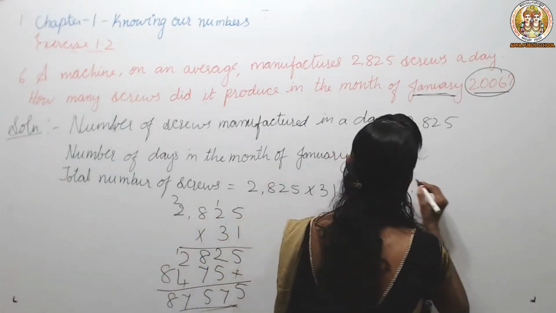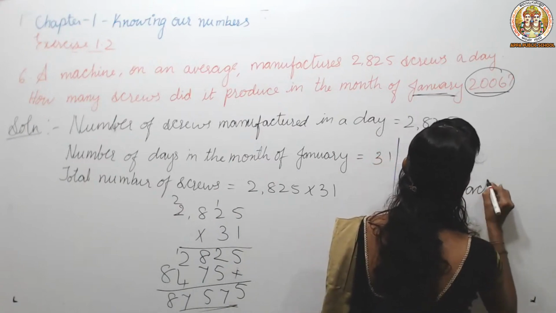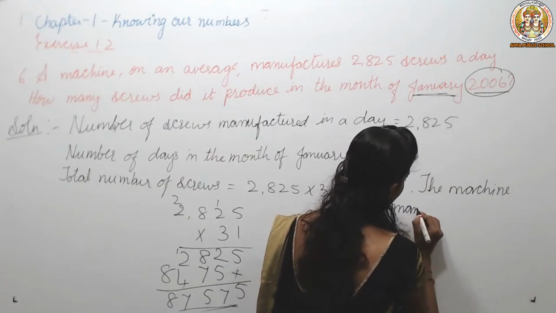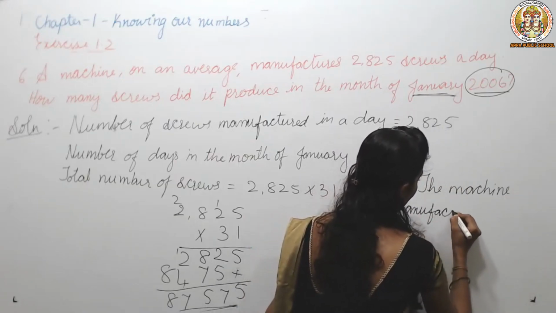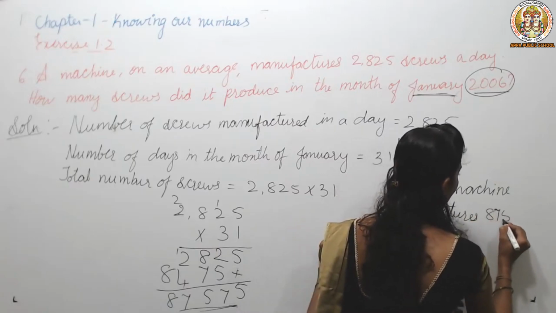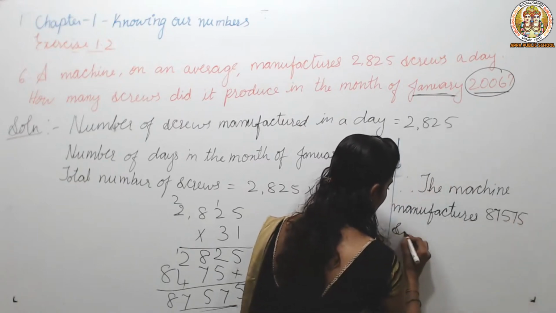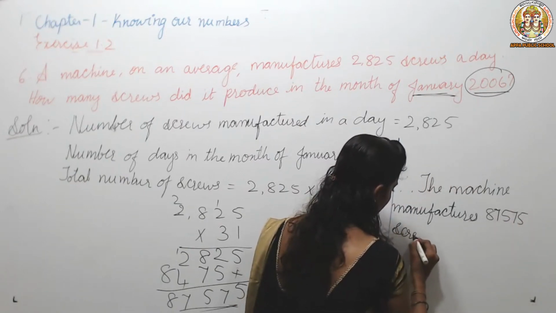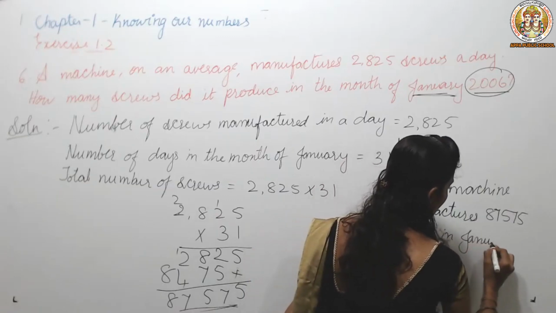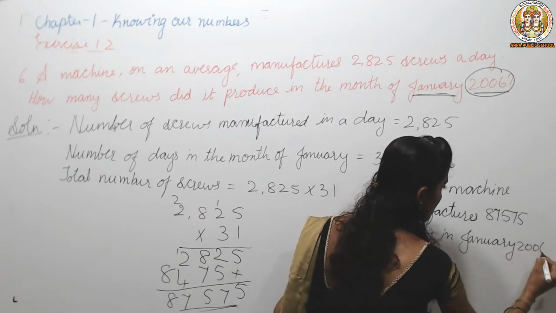Therefore, the machine manufactures 87,575 screws in January 2006.